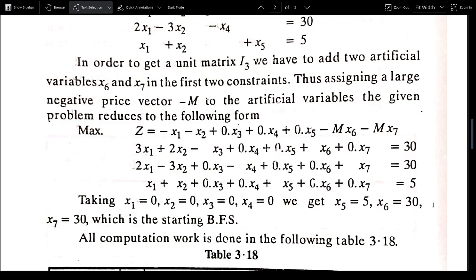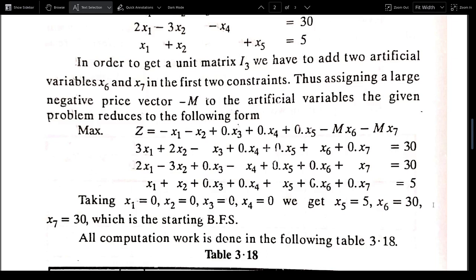The given problem reduces to the form: max z equal to minus x1 minus x2, plus 0 into x3, 0 into x4, 0 into x5 for the slack and surplus variables, then minus M into x6 minus M into x7. Earlier we used s1, s2, s3 like this.